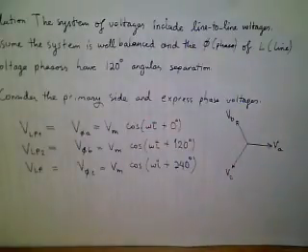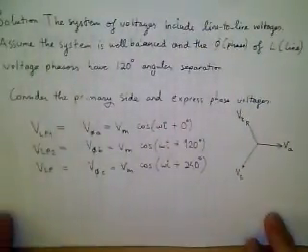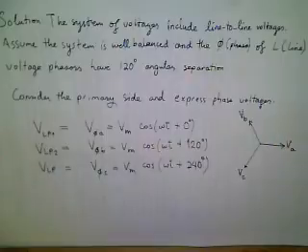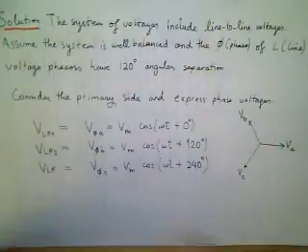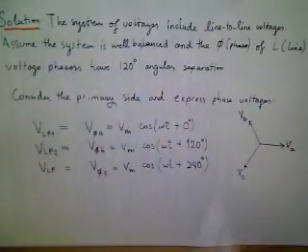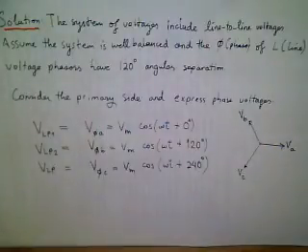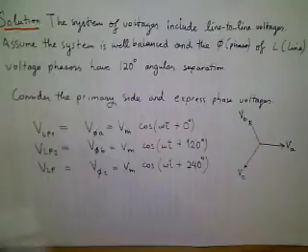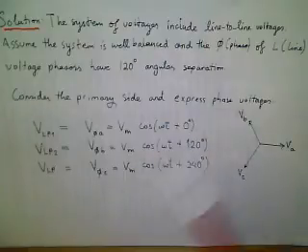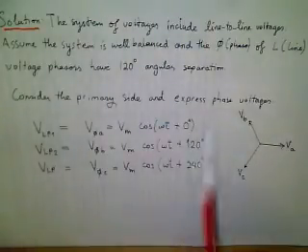Now let's look at the solution. The system of voltages includes line-to-line voltages. So the problem is about making a proof between the line-to-line voltages in the primary and secondary. So we first express everything in line-to-line voltages.